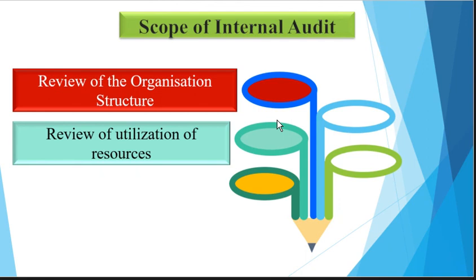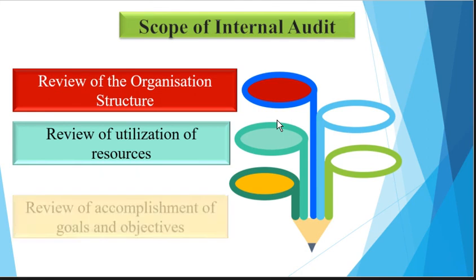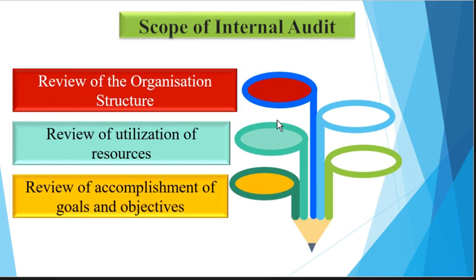And the last point of scope of internal audit is review of accomplishment of goals and objectives. Friends, the internal auditor should also review the overall objectives of the enterprise to evaluate whether they are clearly stated and are attainable. The translation of such overall objectives into specific objectives for each department and program should be reviewed.